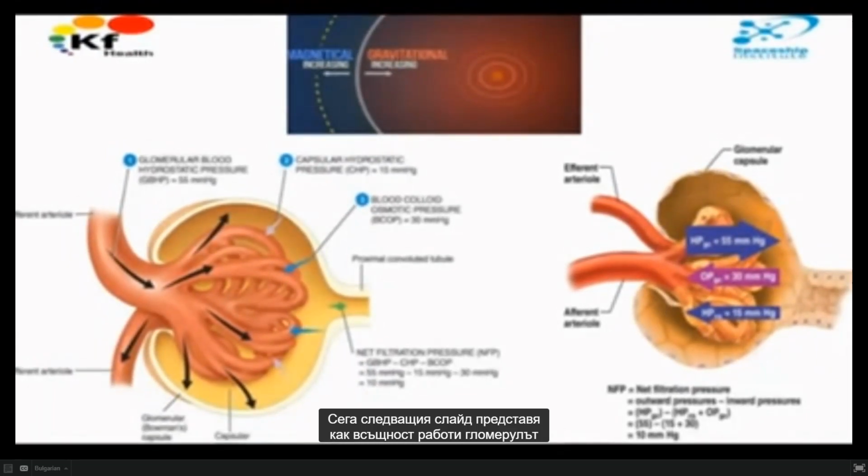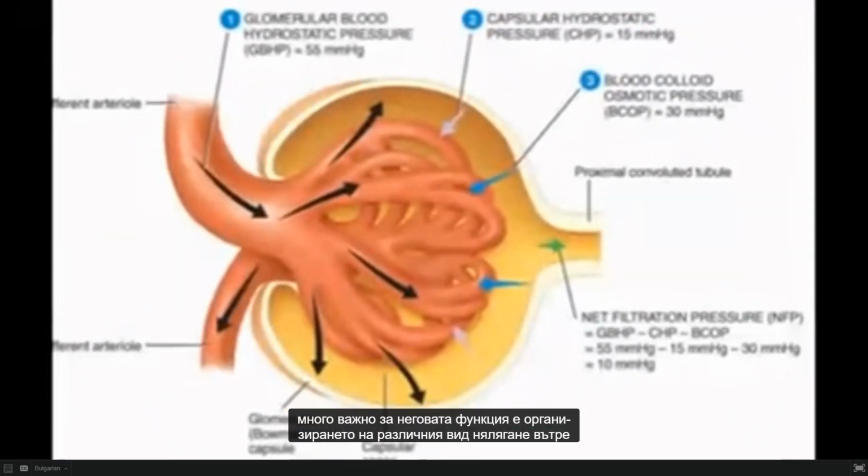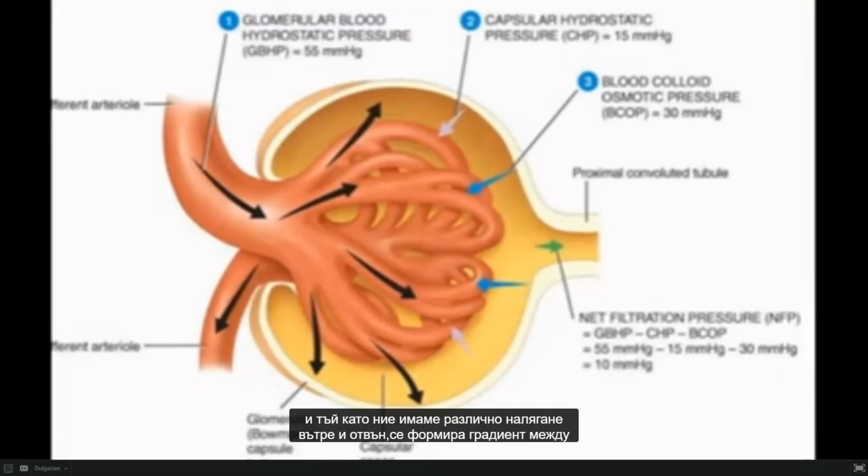So the next slide is the representation of how our glomerulus actually works. Important for the function of the glomerulus is the organization of different kinds of pressure inside. Because we have different pressure inside and outside, it forms a gradient between those pressures. So it's important to know the meaning of hydrostatic pressure.